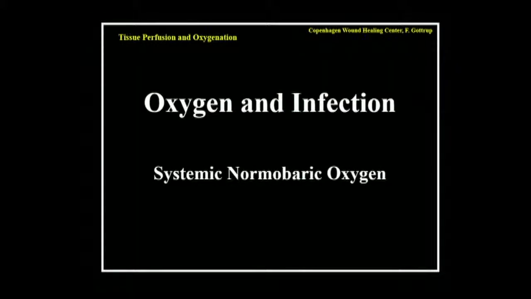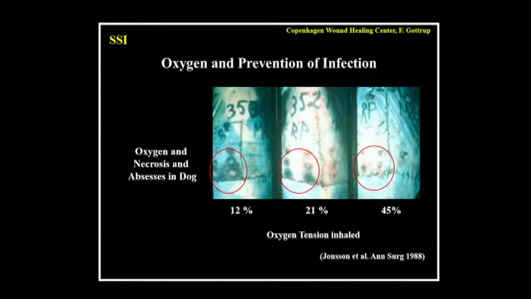And oxygen and infection, systemic normobaric oxygen. We're not talking about hyperbaric oxygen. We made some studies. I was part of that back in 1988. You can see how much resistance an organism or tissue has if you inject some bacteria, and you can see the necrosis around.